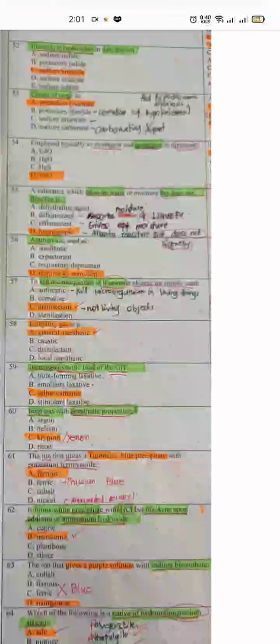When the color of the precipitate is Prussian blue, that is your ferric. So, ferrous plus potassium ferricyanide will result to Turnbull's blue precipitate, while your ferric plus potassium ferricyanide will give a Prussian blue precipitate.